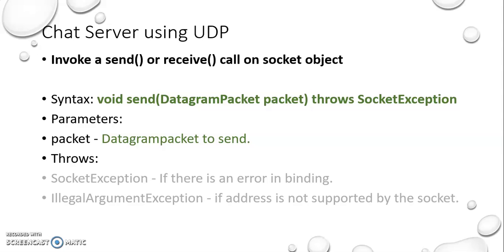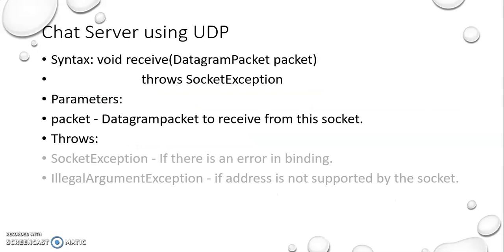So it also throws SocketException if there is an error in binding with the port number or IP address or whatever. IllegalArgumentException if the address is not supported by the socket, then that exception will also be raised. So the receive function is like we have the receive function, void receive(DatagramPacket). So we receive a packet.